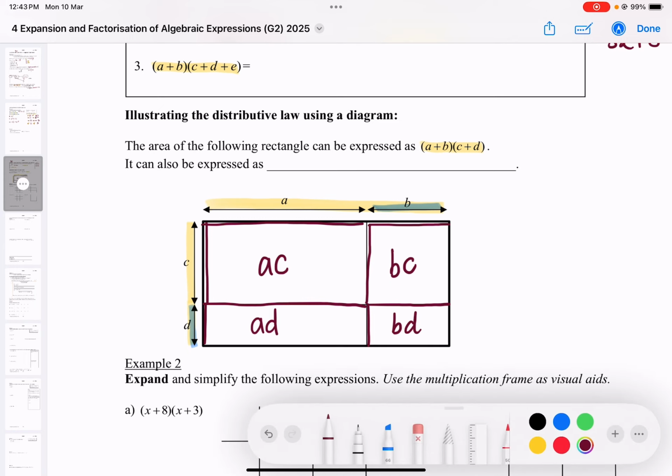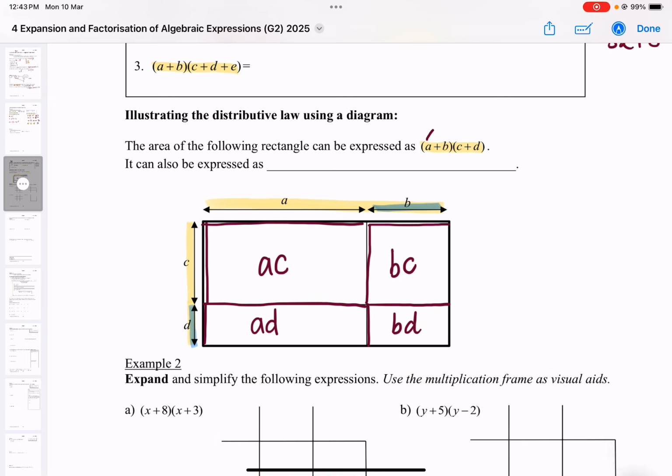Can you see that what essentially has happened is that we multiplied the a to the c. And we also had to multiply the a to the d. So that's how I got ac and ad. Next, we also had to multiply the b to the c and the b to the d. So we got bc and bd. So this is called the distributive law. We basically distribute the a to the 2 terms in the other bracket.